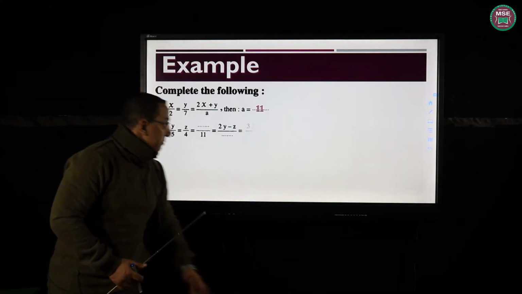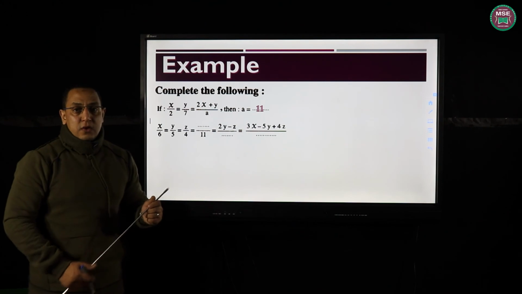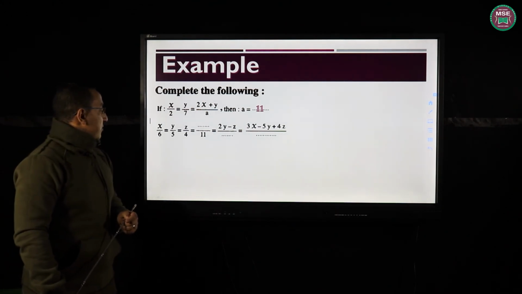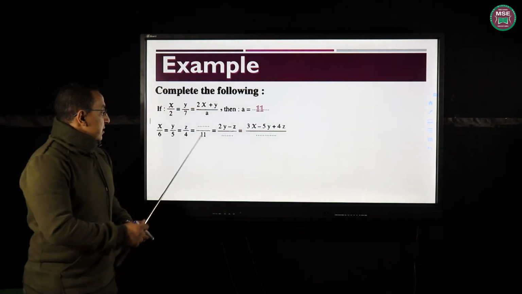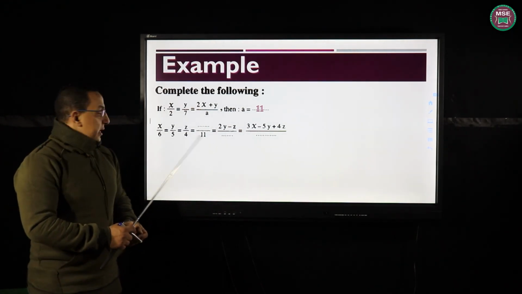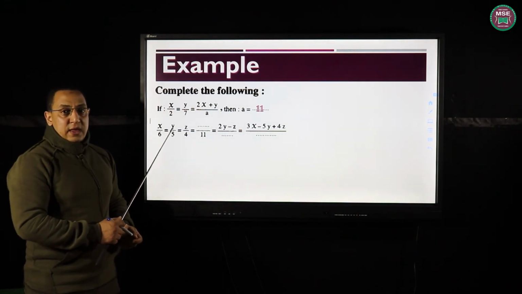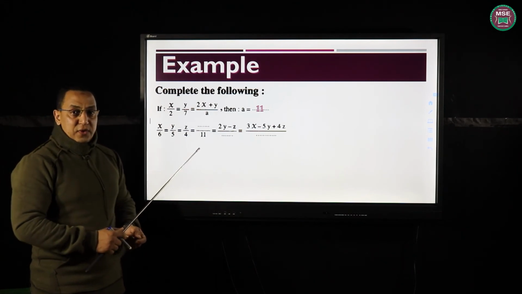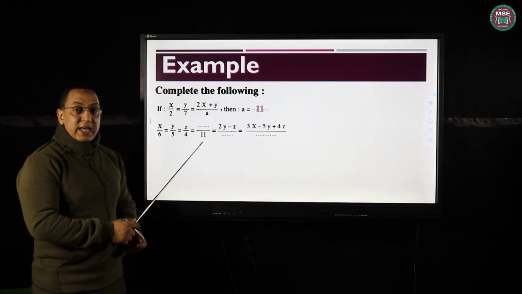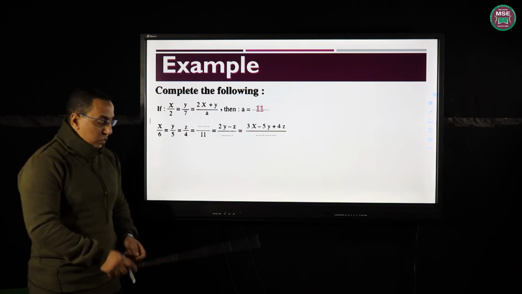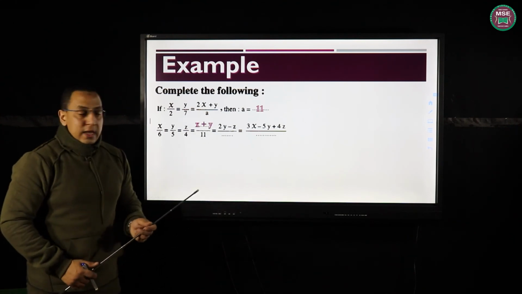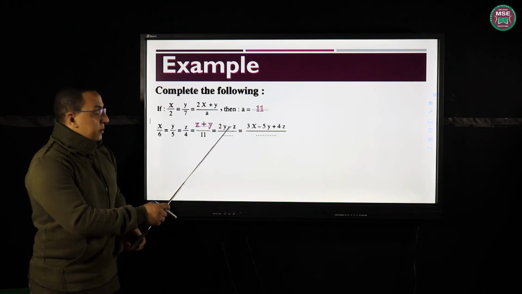Another example. x over 6 equals y over 5 equals z over 4. What's the change that makes the denominator 11? Here by looking at x over 6 and y over 5, by adding 6 and 5 we get 11. So the change is that I added x and y like this, and also 2 times y minus z.